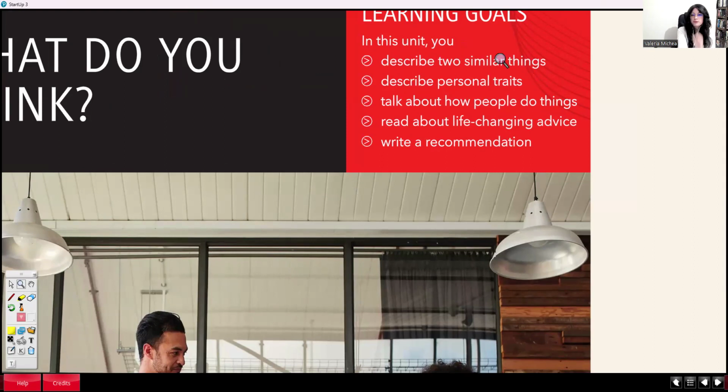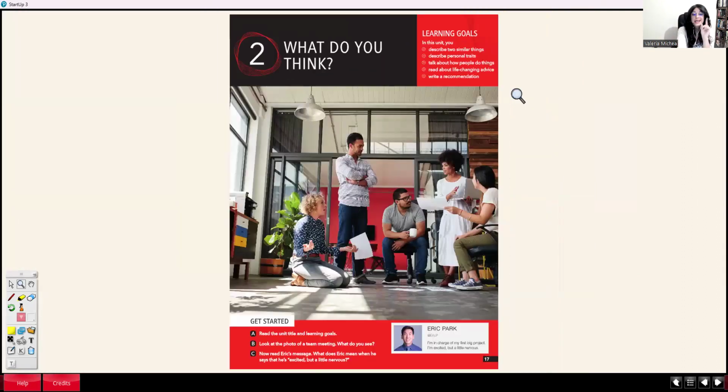We are going to describe two similar things or more. We are going to describe personal traits, like characteristics of people. And we are going to talk about how people do things. So this unit is focusing on descriptions.